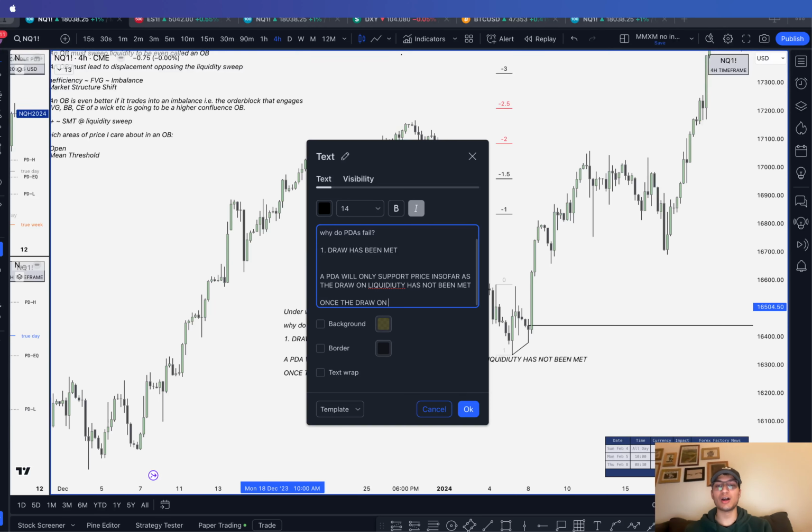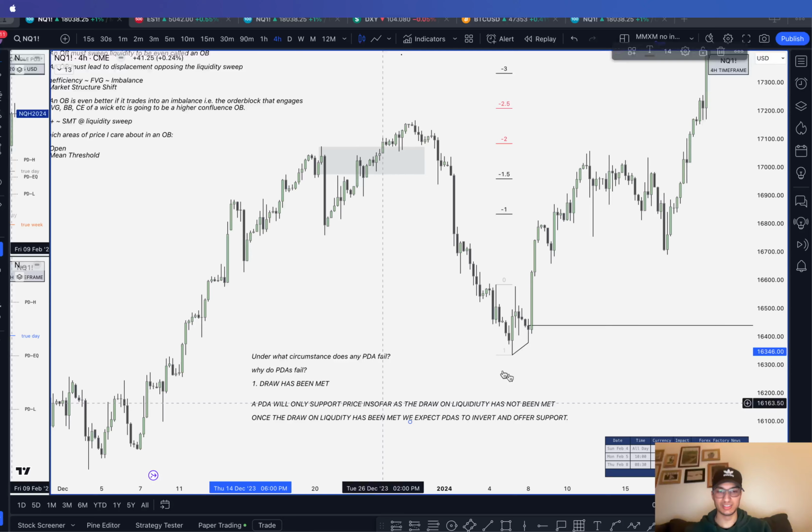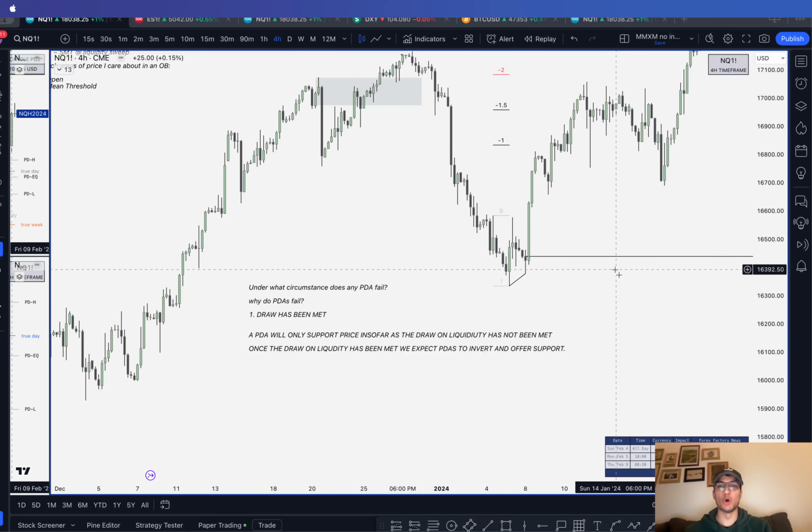Once the draw on liquidity has been met, we expect PD arrays to invert and offer support. Everyone put that in their notes.